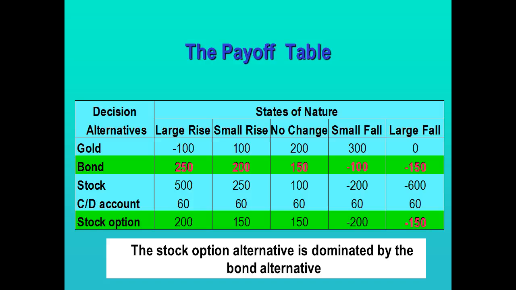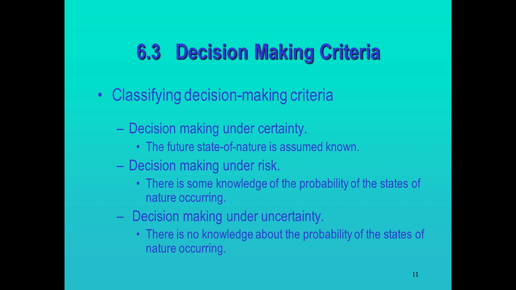I don't know if this is a 1% chance or a 99% chance. Uncertainty means I have no clue. I couldn't even assign a probability to these events if you force it. Total uncertainty. I don't know. Okay? I have no knowledge about where the economy is going to go over the next year. That is decision making under uncertainty.